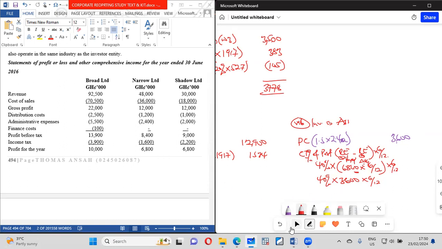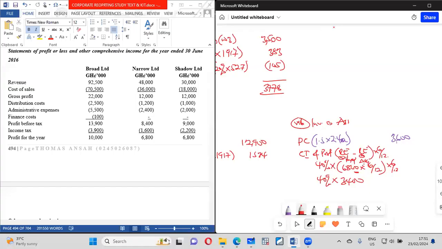Sorry, this one is supposed to be 3,400. So don't forget, it's 3,400. Then multiply by this figure.